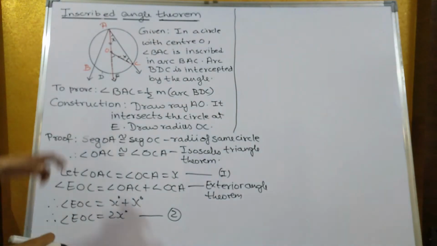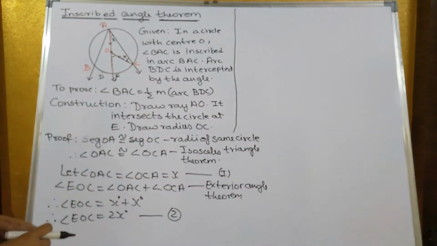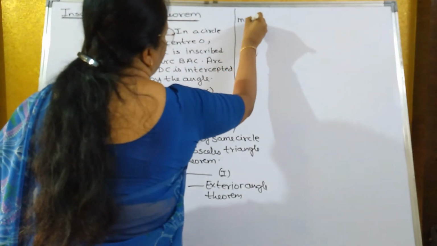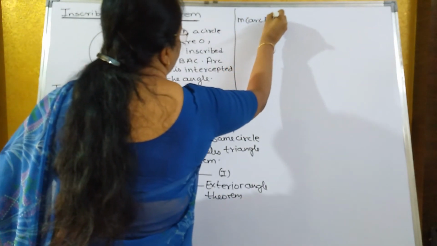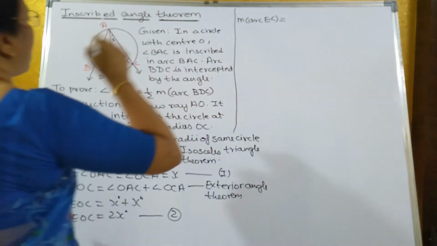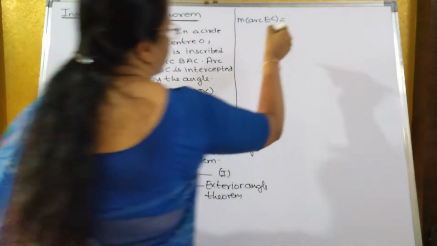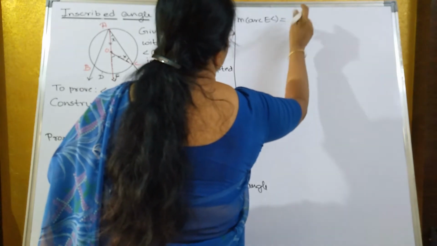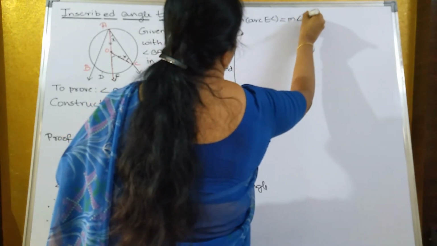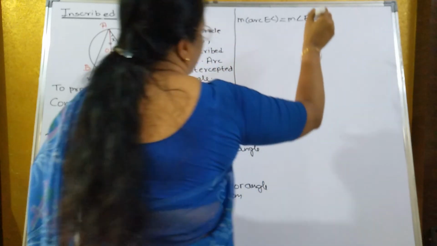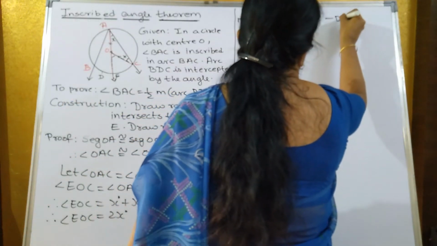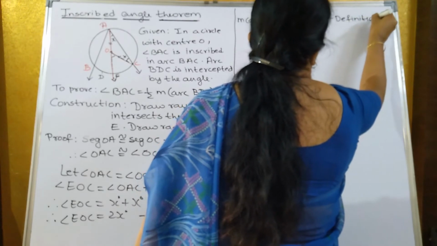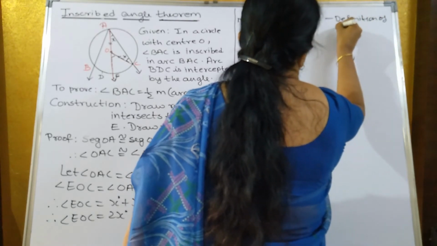Now arc EC is equal to how much? Measure of arc EC is equal to measure of angle EOC. What is the reason? Definition of measure of arc.